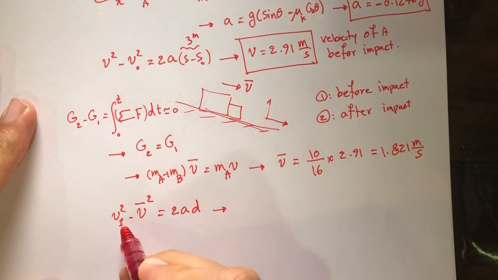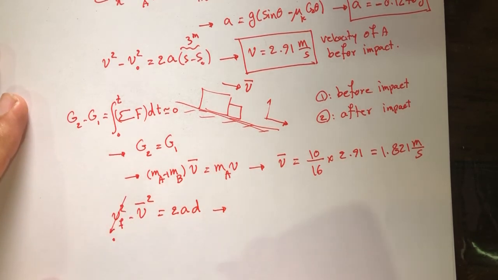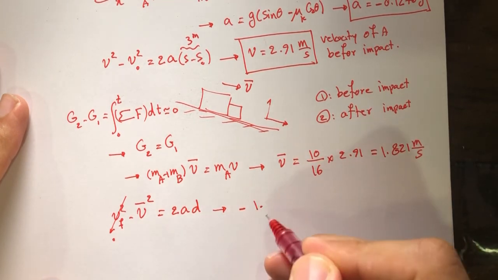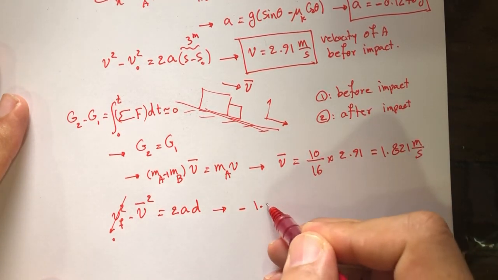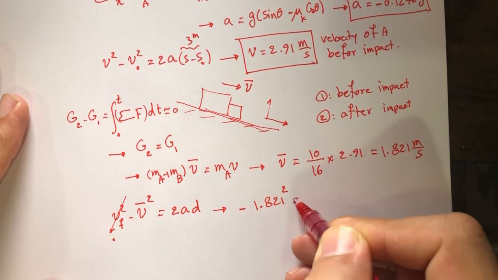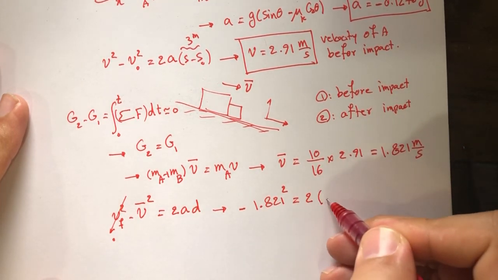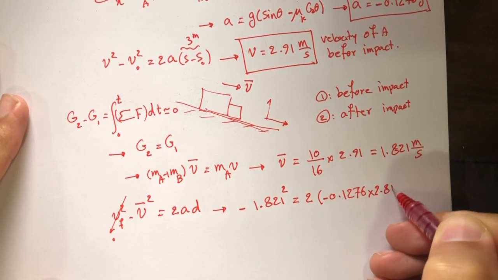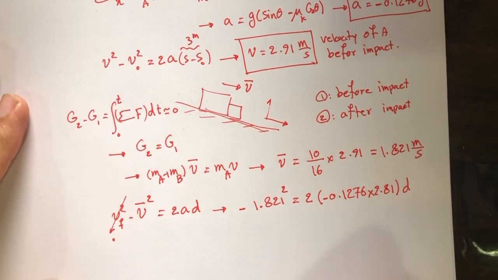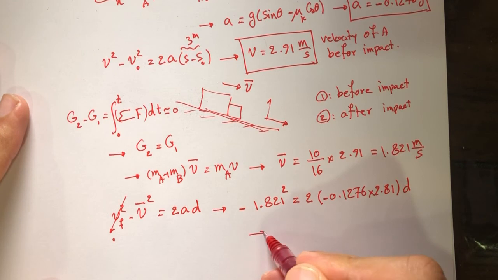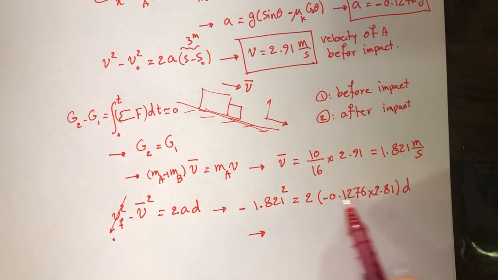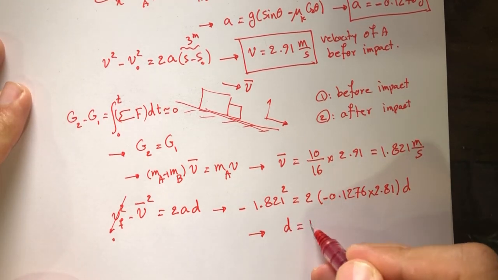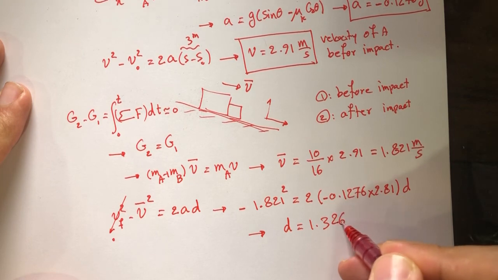If we put the numbers, the velocity at the end is equal to 0, and the velocity at the beginning, which means after the impact, is 1.821 squared, is equal to 2 times acceleration. Acceleration is negative 0.1276 times g times the displacement. The total displacement until they stop. So if you put these numbers in your calculator, d is going to be equal to 1.326 meters.